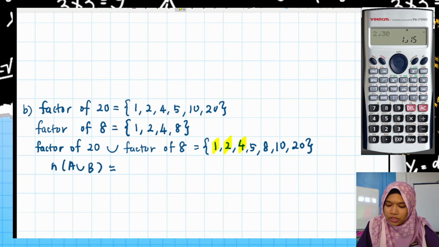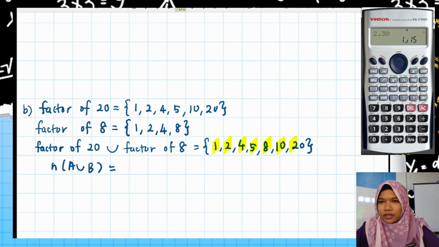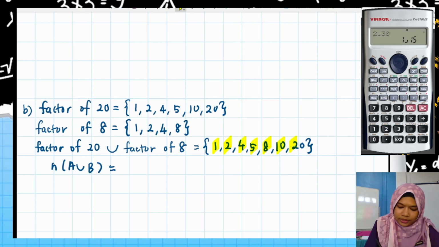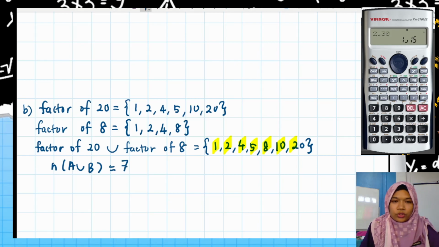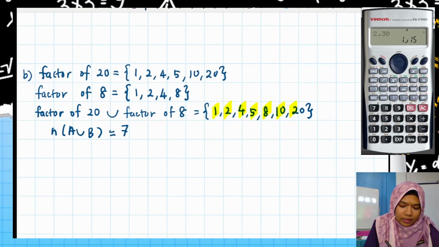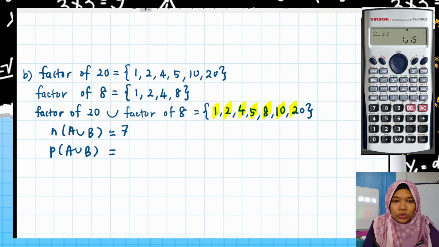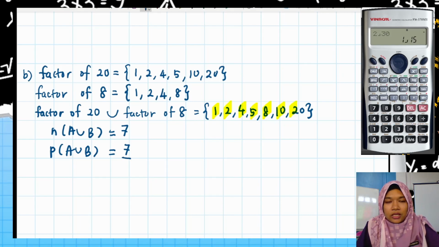1, 2, 3, 4, 5, 6, 7. Okay, is it 7? Sekejap. Yeah, 7. You have 7. Okay, so the probability P(A union B) is equal to 7 over what are the total elements in this sample space?